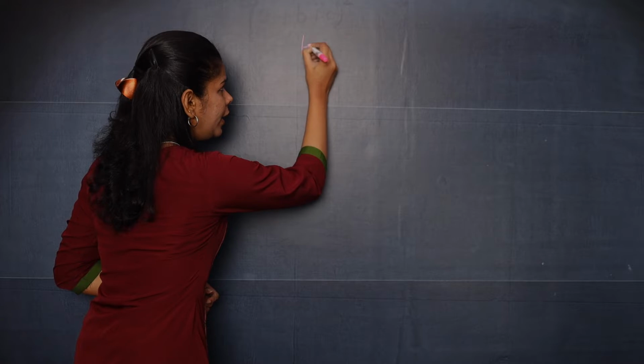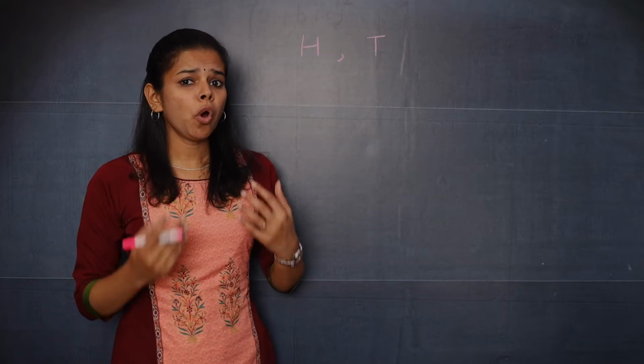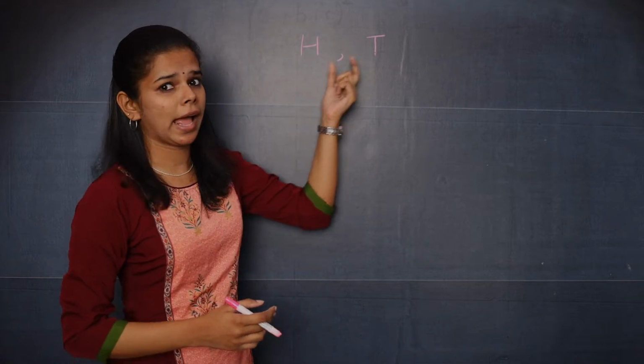So what is probability? It is a measure of uncertainty. Now let's see some examples to learn more about probability. If you toss a coin, what are the outcomes that you will get? You will get a head or a tail. So, when a coin is tossed, there is a 50% chance of getting a head and a 50% chance of getting a tail.